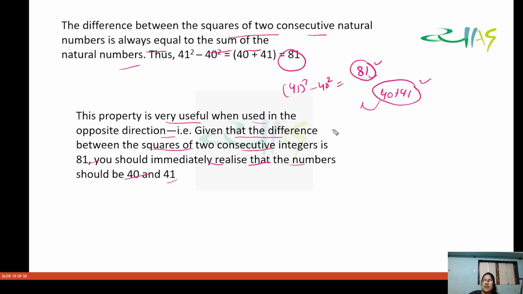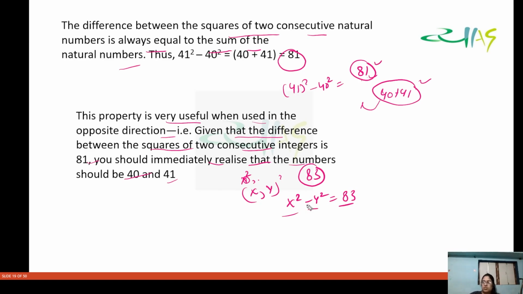So for example, if you had, let's say, 83 as the difference between the squares of two consecutive natural numbers. You have x and y as two consecutive natural numbers, and the difference of their squares is what? 83.